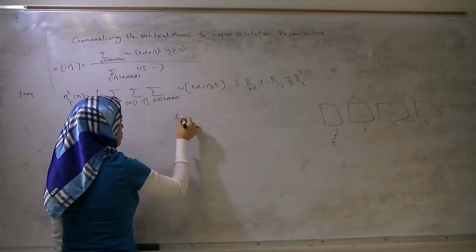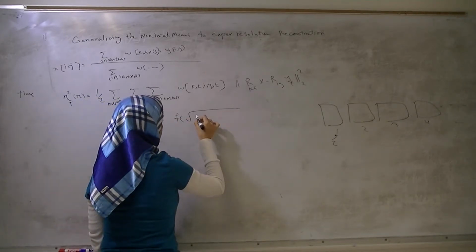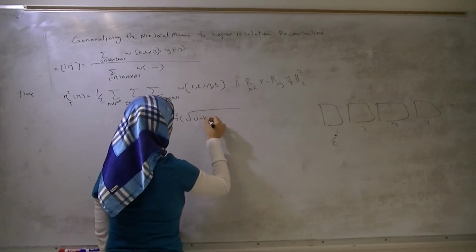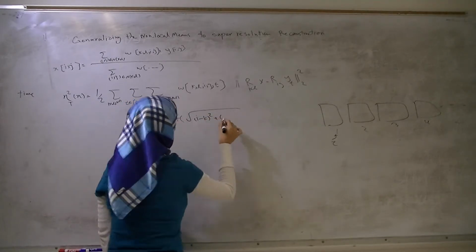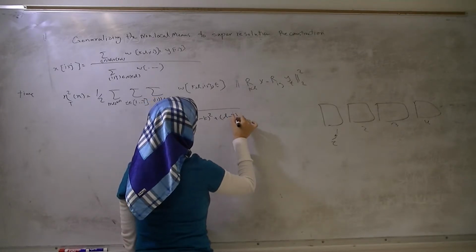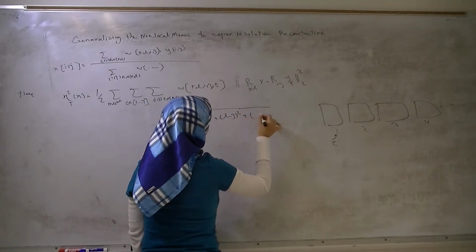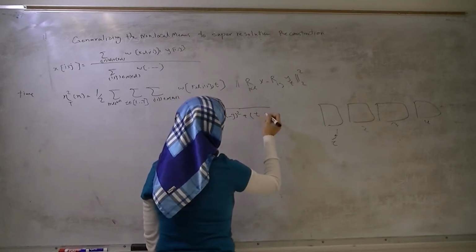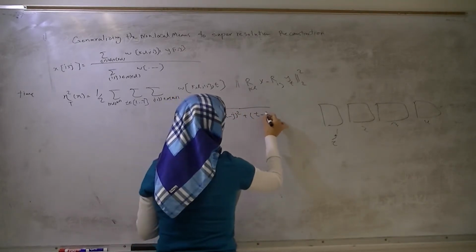And if you remember, in the function we had the I minus J, and now we have the T minus T0.